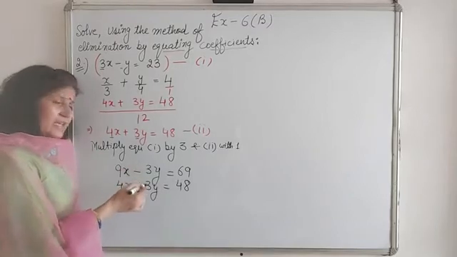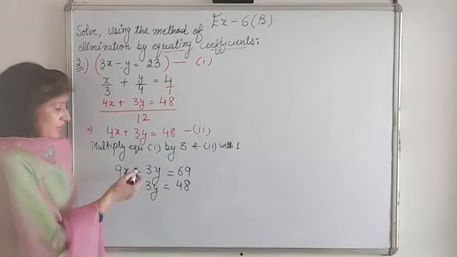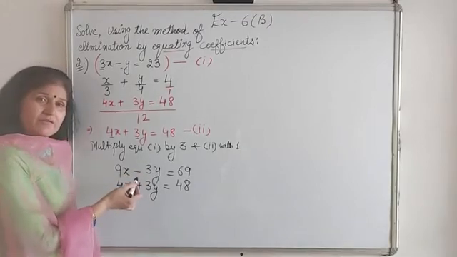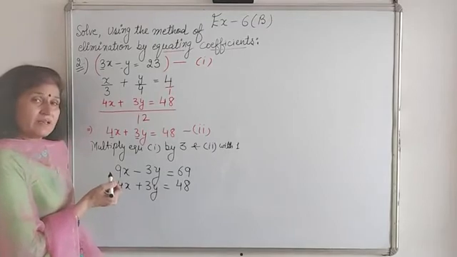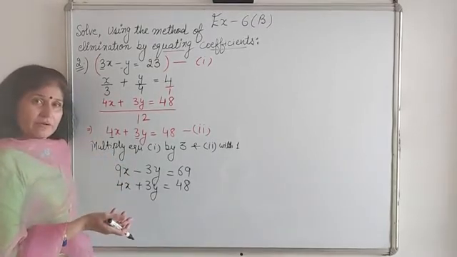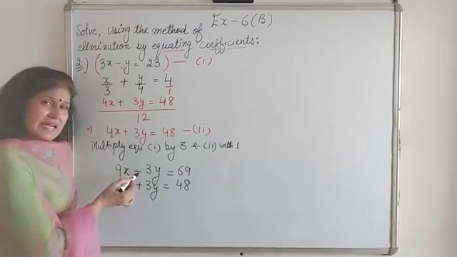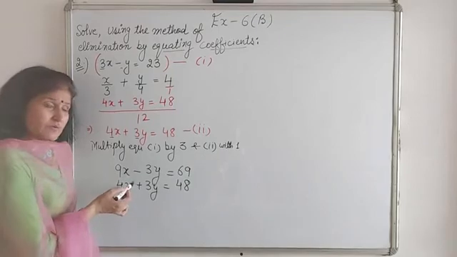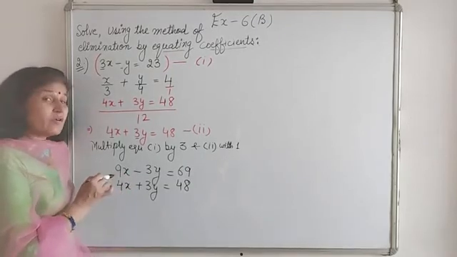After making the coefficient same, what we will do? We have to see the sign in front of these terms. If both have the same sign, means both are positive or both are negative, then we subtract them. If one is negative, one is positive, we will not see the sign of the term which we are not cancelling.